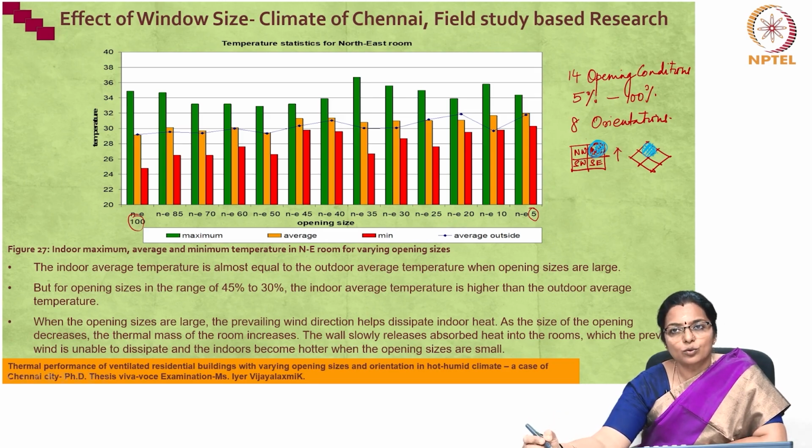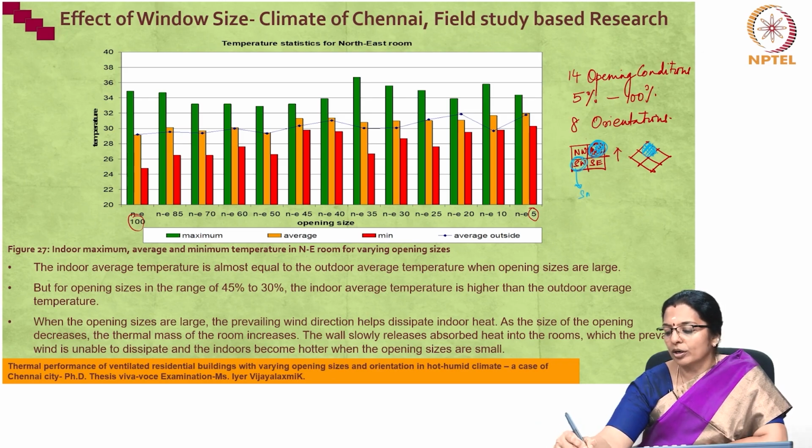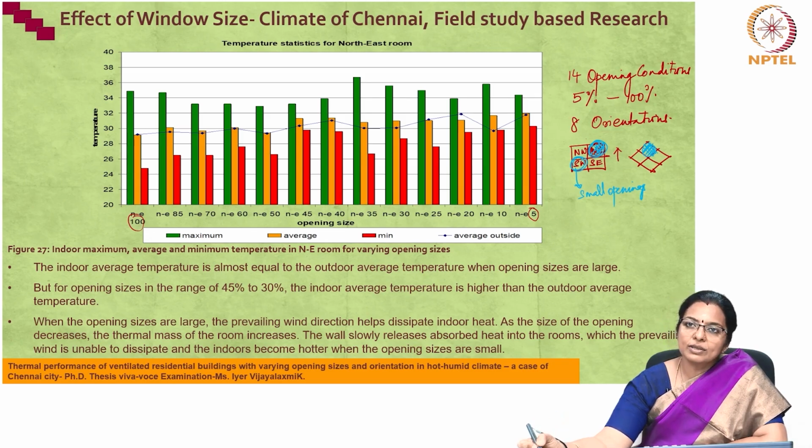The southwest rooms are most comfortable for small opening sizes. This room is most comfortable for smaller openings or mid-size openings. The northwest room is most comfortable of all the rooms when the opening sizes are small.